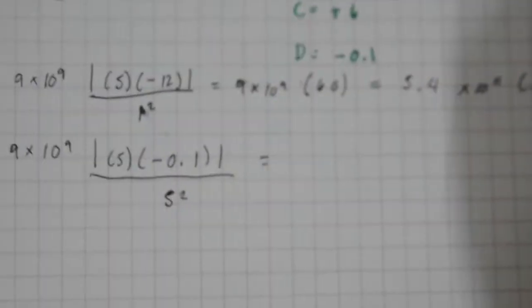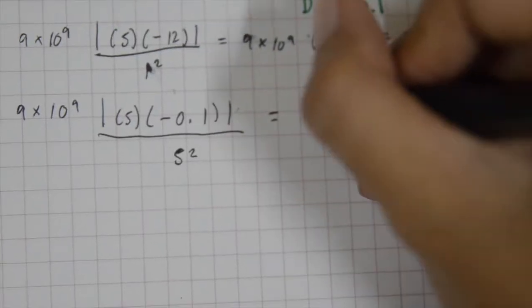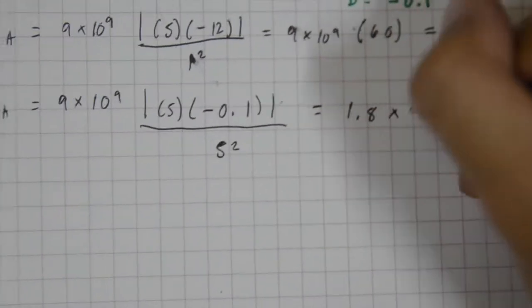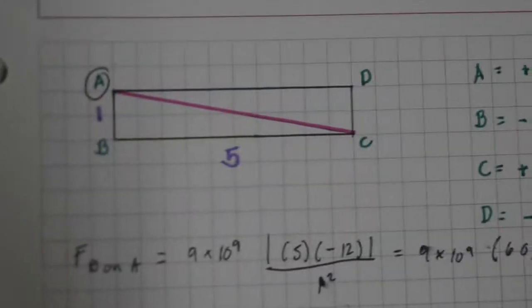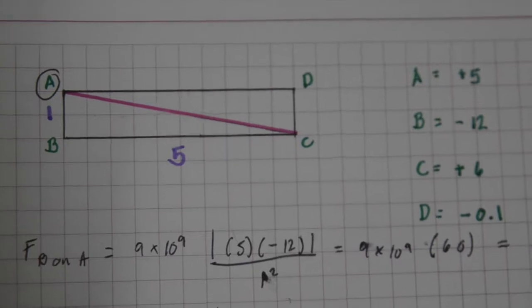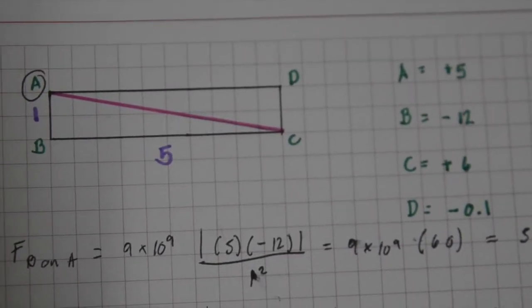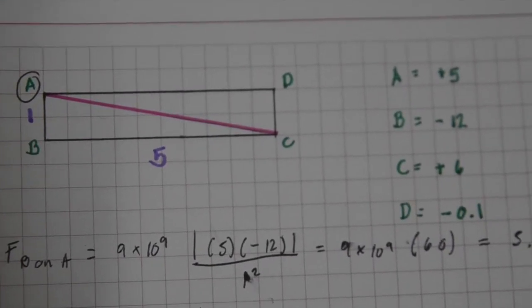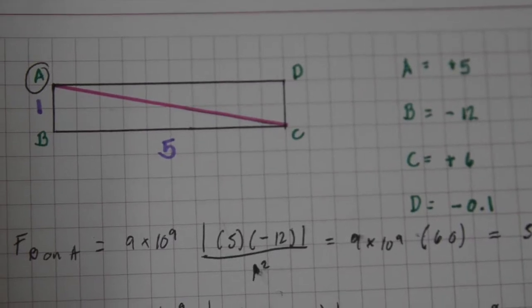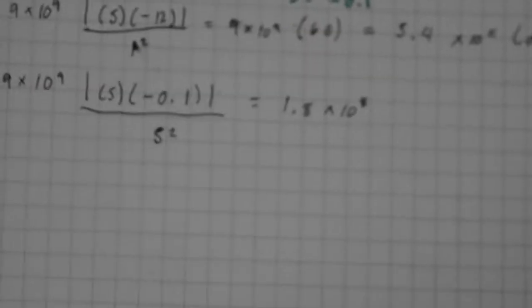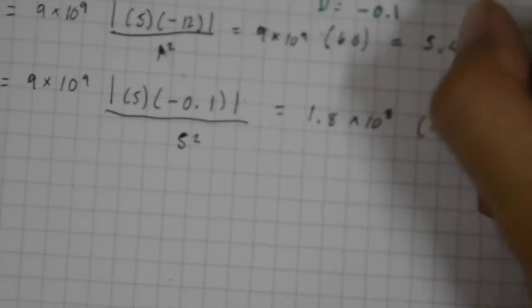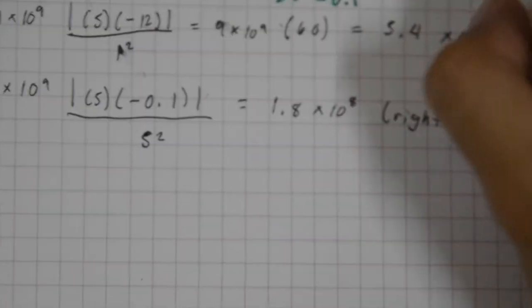We'll get the answer 1.8 times 10 to the 8th. Looking at the figure, we can see that A and D have opposite signs, so they will be going towards each other. So A will be going to the right.